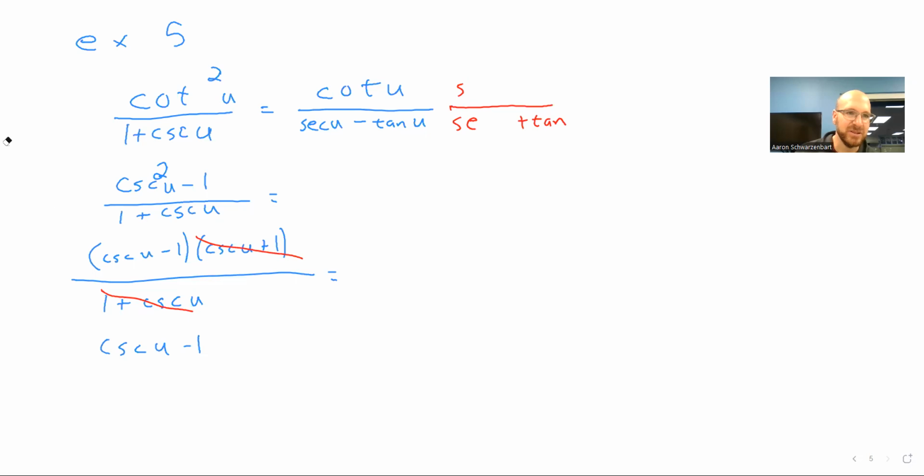I took a little more than I wanted. I need to remember to put the u's on here. I'm struggling with it with the u's. Usually do okay. So it's important that you don't just write tangent. You do have to write the variable. They do have to line up.